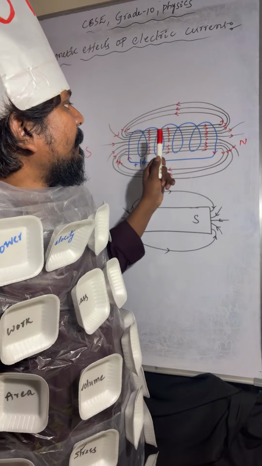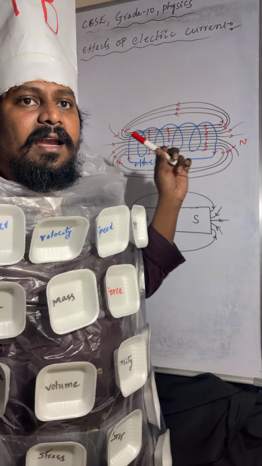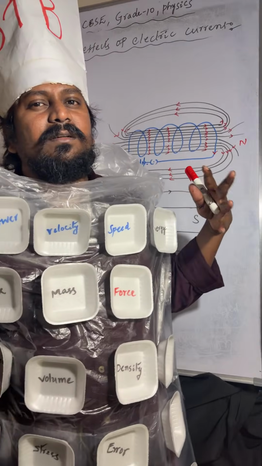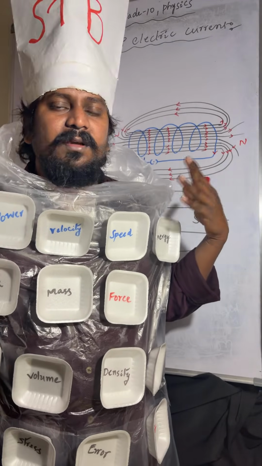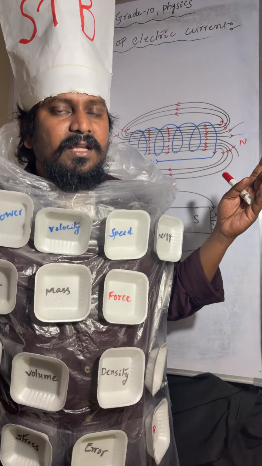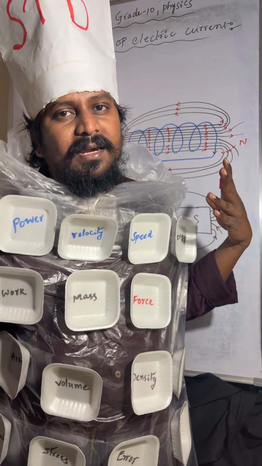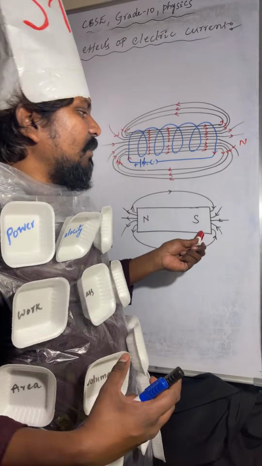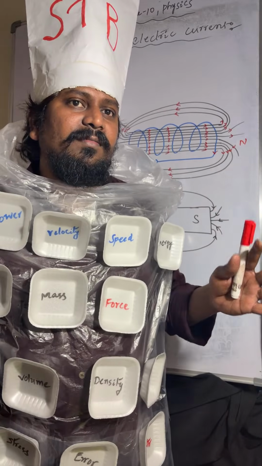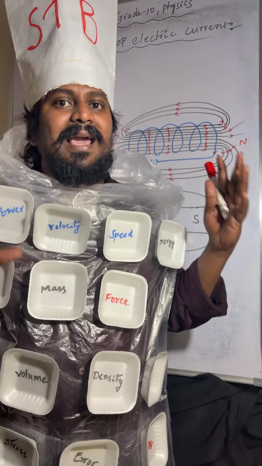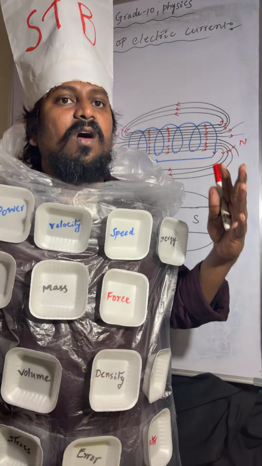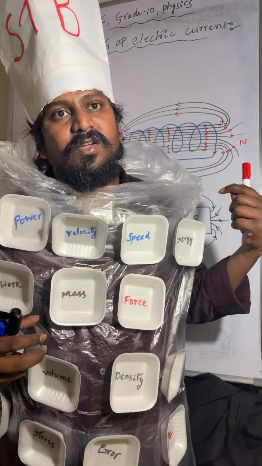In the solenoid, we are able to improve the magnetic field. Okay. So how can we improve the magnetic field? In the bar magnet, we can't improve the magnetic field. But in the solenoid, we can improve the magnetic field. How can you improve the magnetic field in the solenoid?